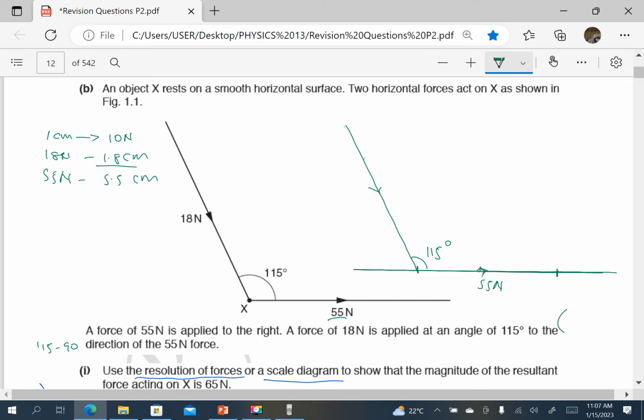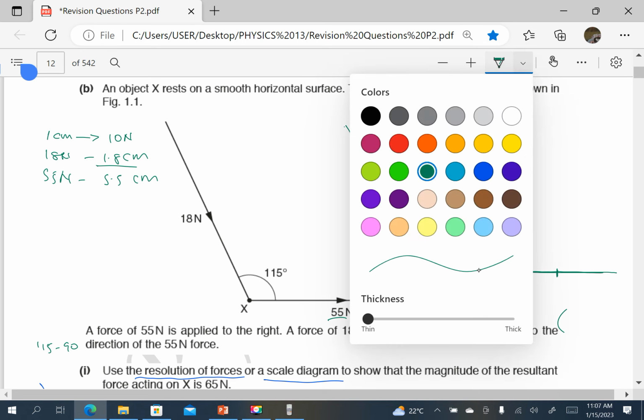So I'm measuring off 1.8 centimeters using my ruler. I know 1.8 is very small, but I didn't have enough space. And 1.8 is around here. So I'm going to join where 1.8 stops to find the resultant.